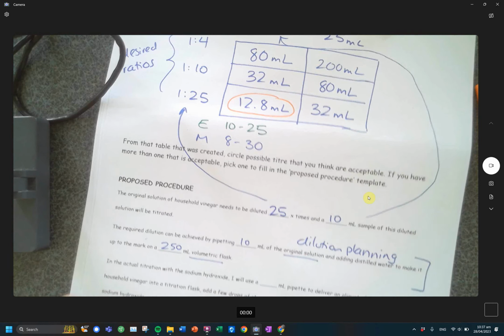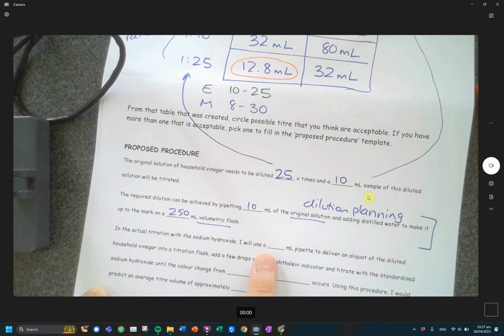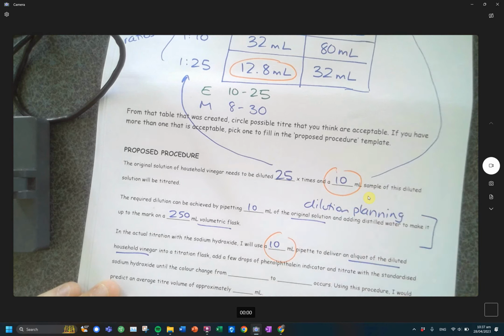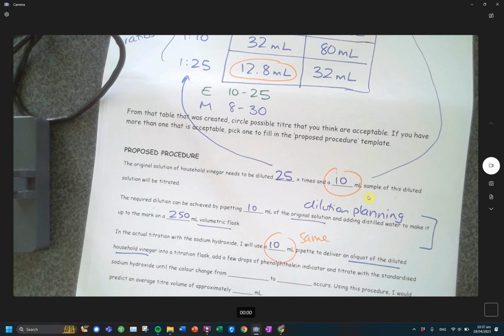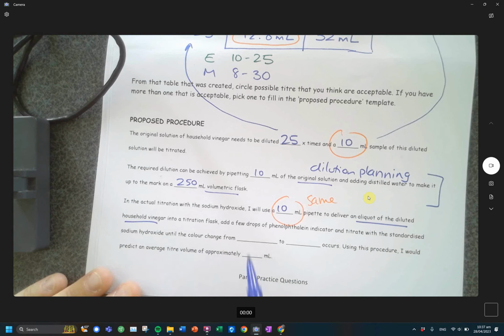In the actual titration, I will use sodium hydroxide and I will use 10 mils of the aliquot of the diluted household vinegar. Basically what that tells you is that this number and this number should be the same because you're explaining your dilution. And then you just talk about what the color change should be.